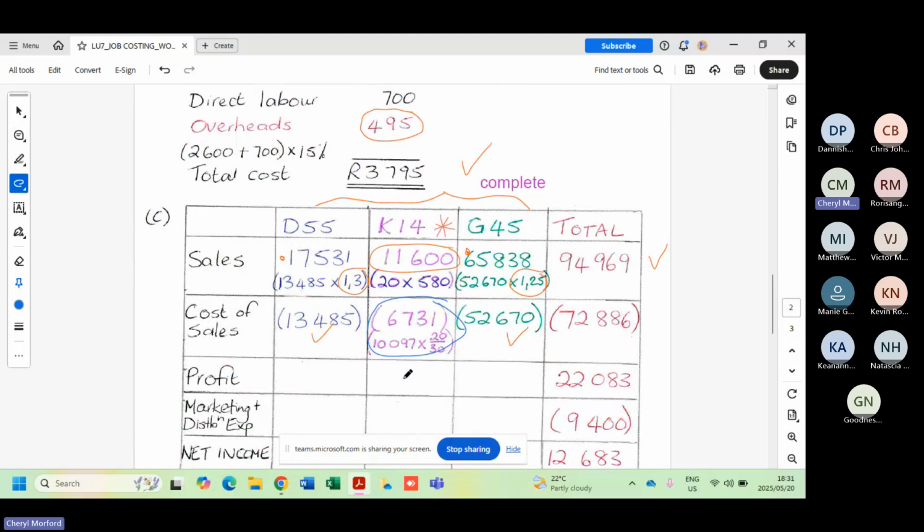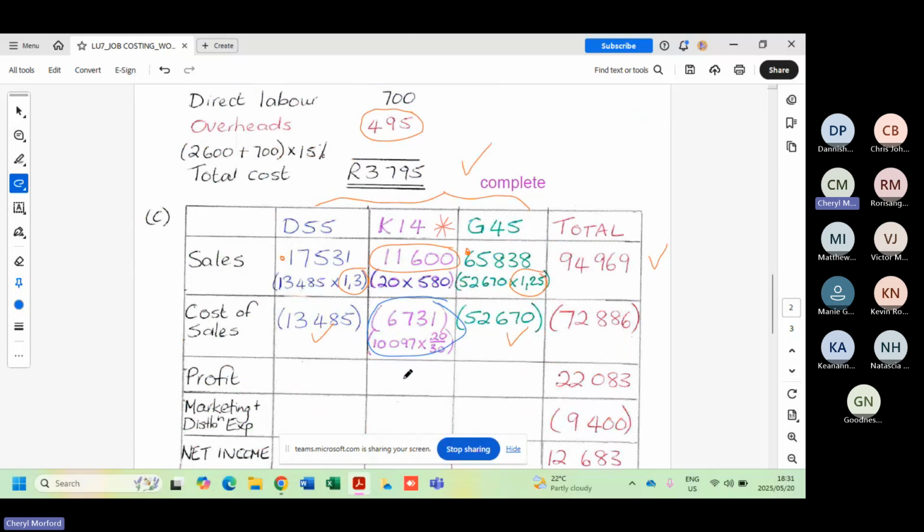Either we're going to say 10,097 divided by 30 gives us a cost for one bat times 20 gives me 6,731. Or the way I like to do it is just a habit. 20 over 30 times 10,097 gives me the 6,731. So I leave the choice up to you. So whatever makes more sense in your brain, stick with that.